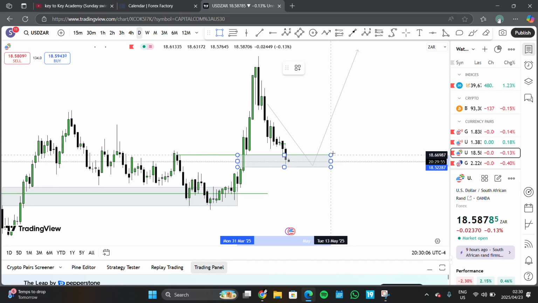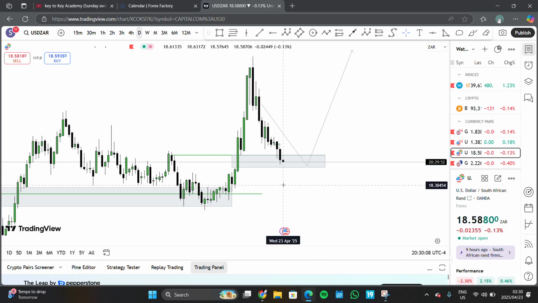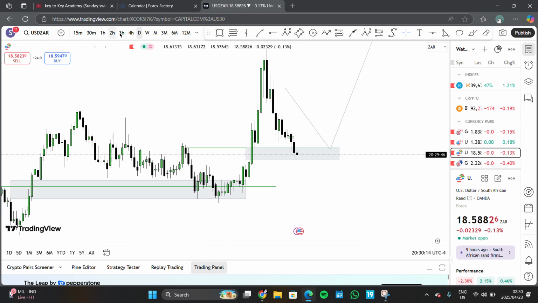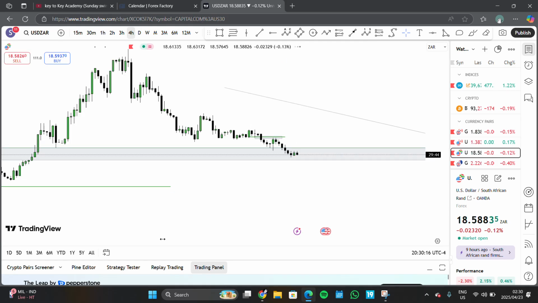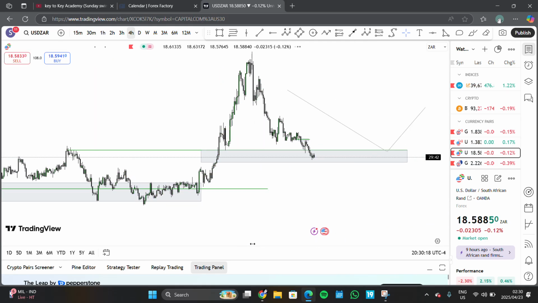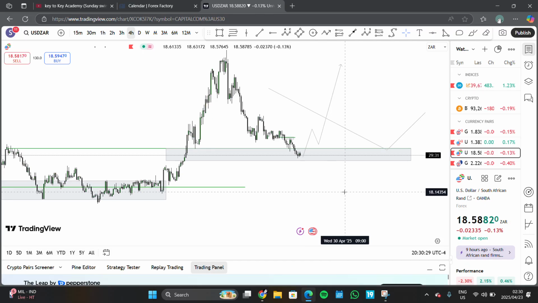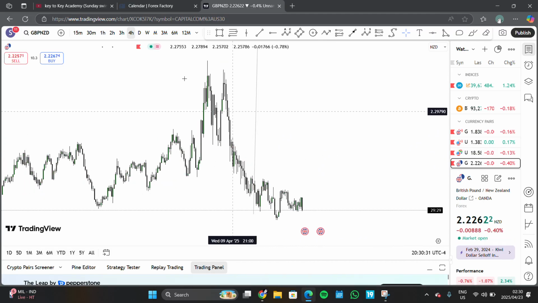I see this daily that price might respect and push to the upside. So that's what I'm waiting for: a break of structure and retest, then we can capitalize to the upside on USD.